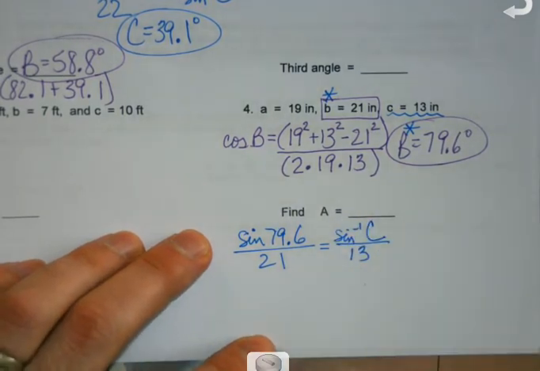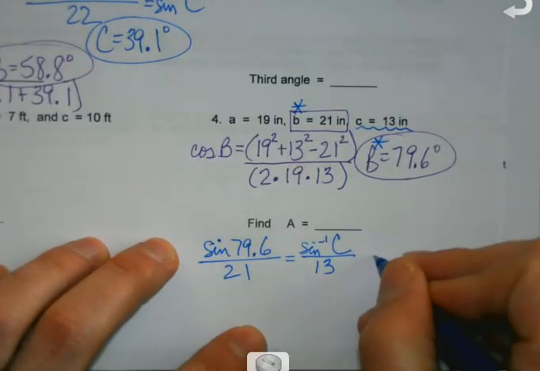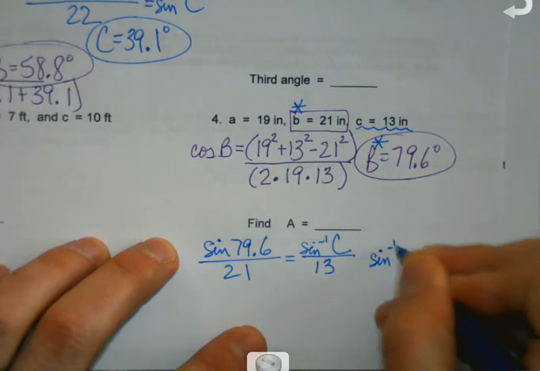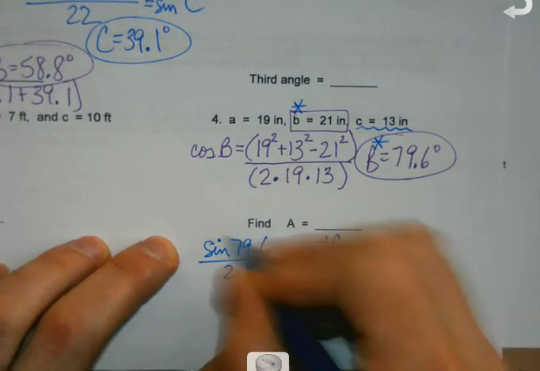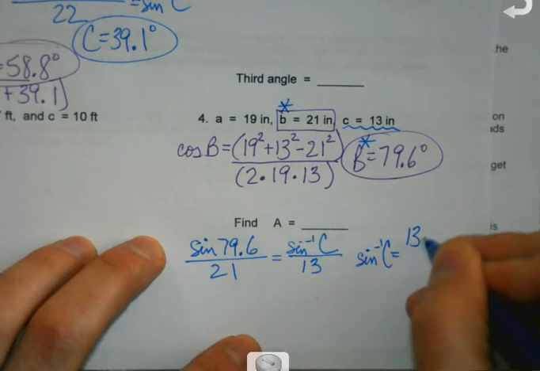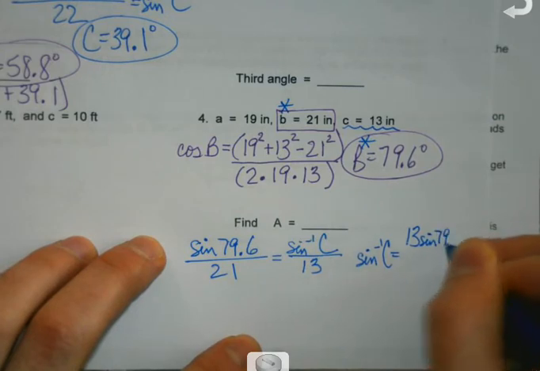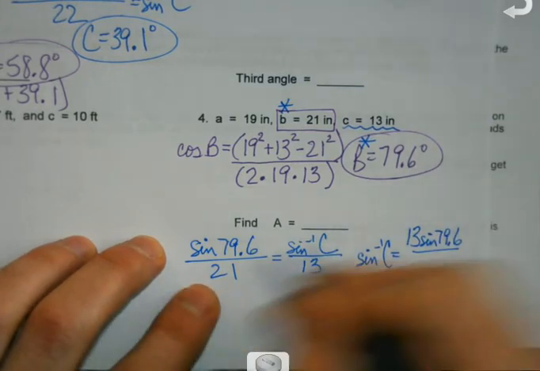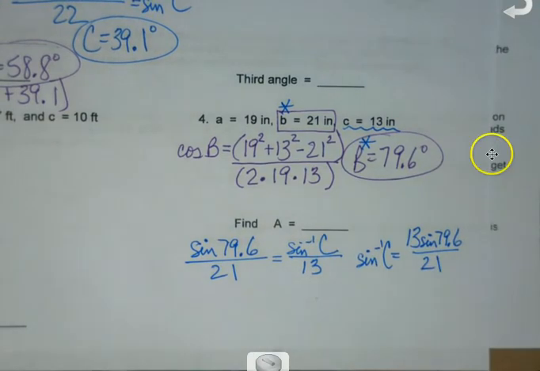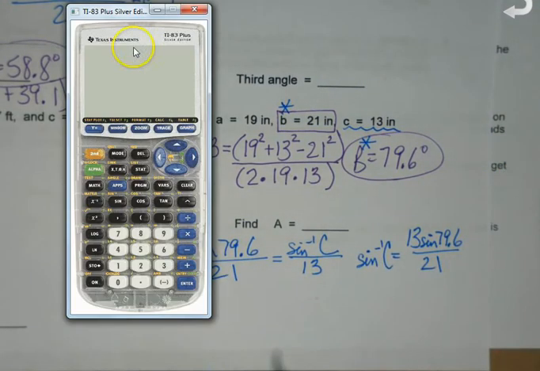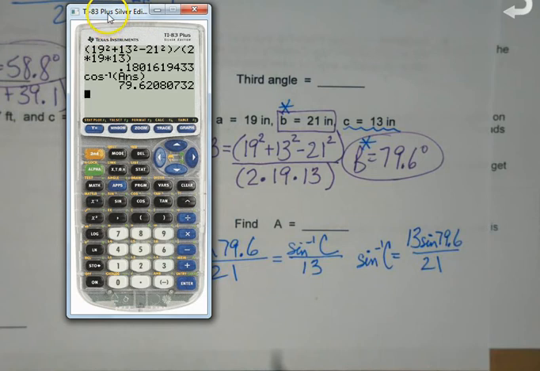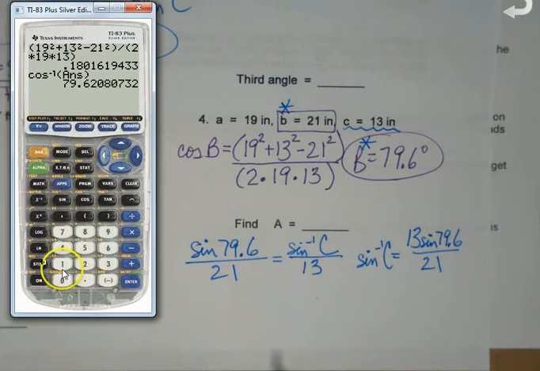And again, I'm on sine now, law of sines. So I look and I go, okay. There's my diagonal. It doesn't have C in it. There's my diagonal. It does. That's what I'm dividing by. So I pull that up, and I'm like, all right, 13 sine 79.6 divided by 21.